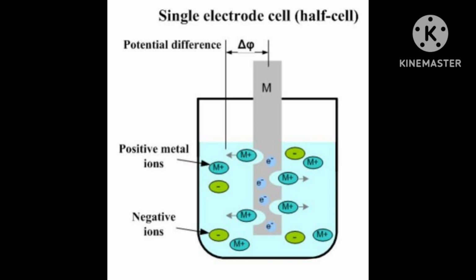After that you have to give two parallel vertical lines, and then you have to write the cathode. The two vertical lines are for separation of anode and cathode.